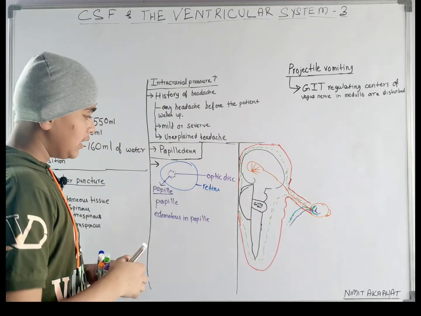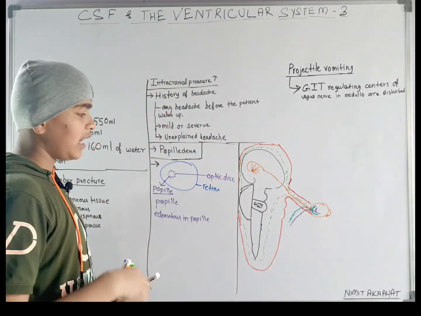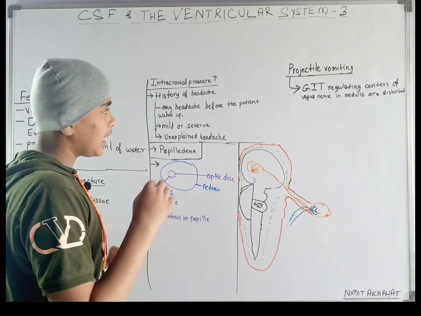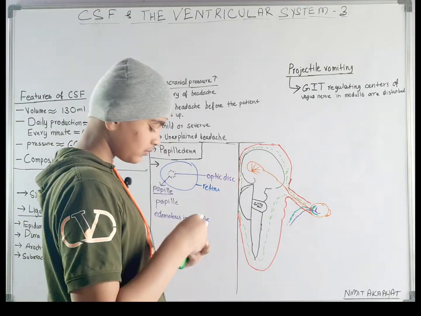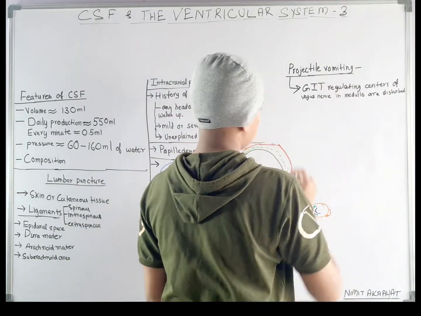And that is why there is disturbance in the branch of the vagus nerve which nerve supplies our GIT, or gastrointestinal tract, and that is why projectile vomiting occurs.